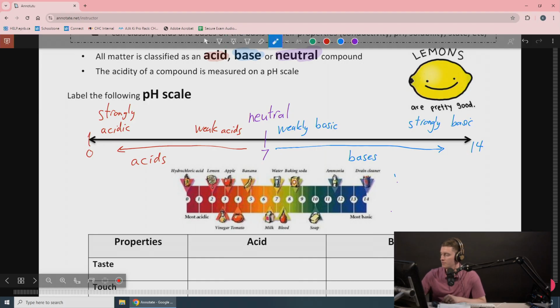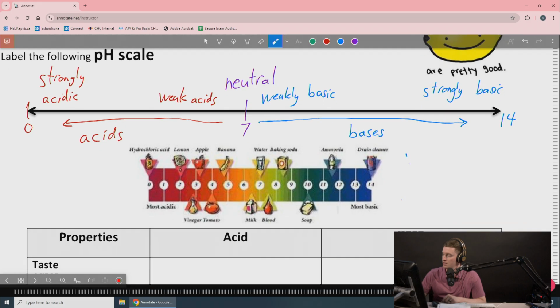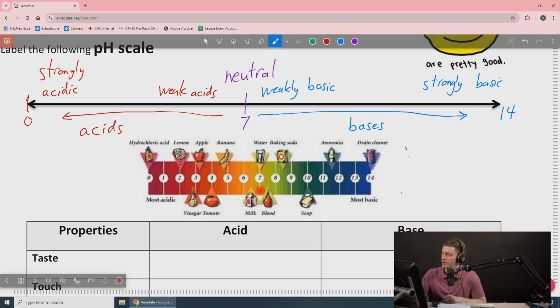Here's some different substances and their relative pHs. Water fits right on the 7. Water is a purely neutral compound, pure water. The water that you're going to get from a tap will be likely slightly acidic, though that depends on what's dissolved in it.